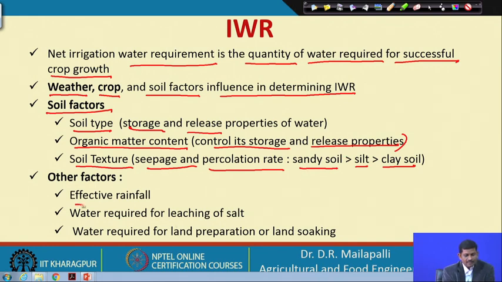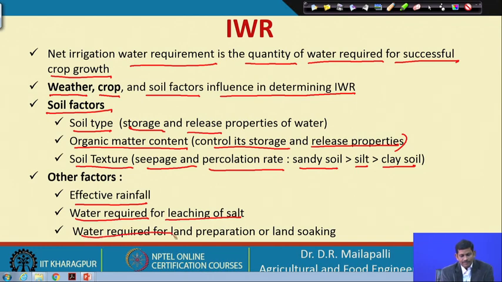The other factors are effective rainfall, the part of rainfall which is effectively used for filling the soil reservoir, and water required for leaching of salts. If your field has a lot of salts, you have to use more water to leach these salts.